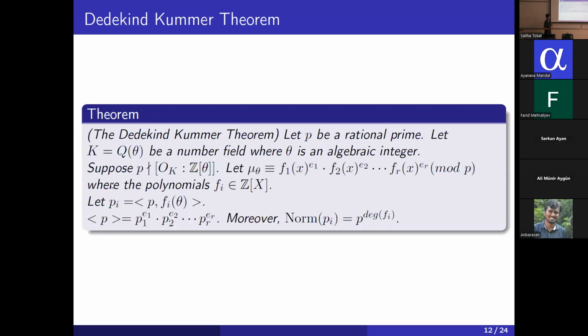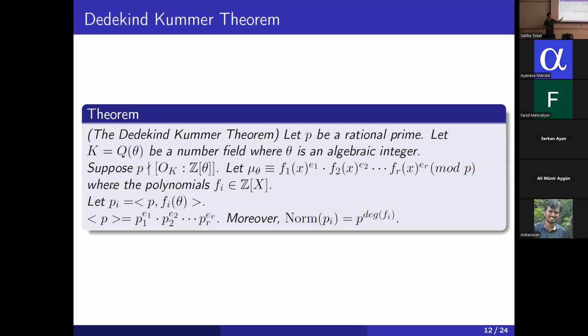The Dedekind-Kummer Theorem helps us to factorize prime ideals into other prime ideals. For example, the theorem tells us that first we have to have an integral basis. Then we have this index. If our prime number doesn't divide this index, we can compute the minimal polynomial of theta, which is an algebraic integer.